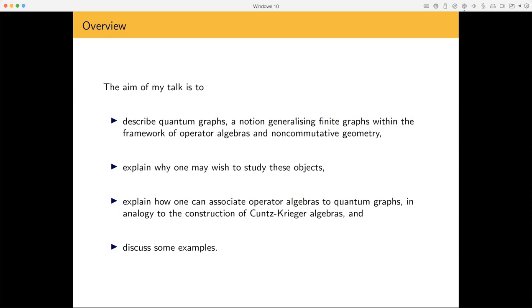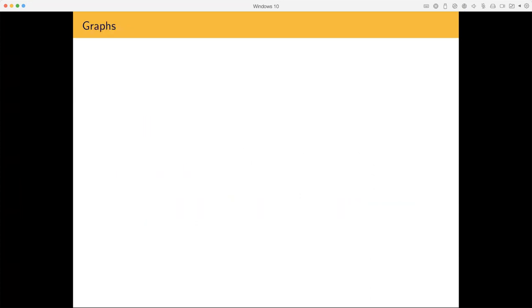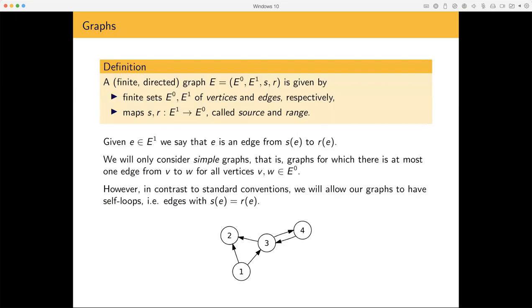Okay, so let's perhaps first start with a little bit of graph theory, just to set my notation and remind you of some terminology. I'll be interested in graphs, by which I mean finite directed graphs. We'll have finite sets of vertices and edges, and the edges are directed, so they go from the source to the range.